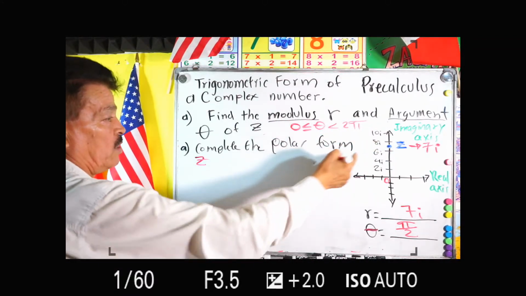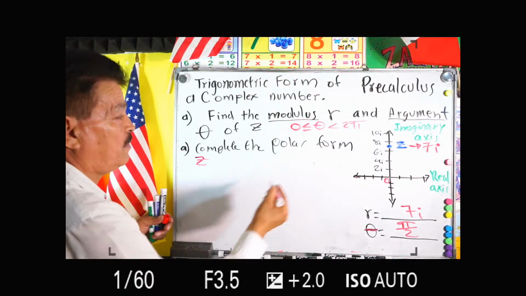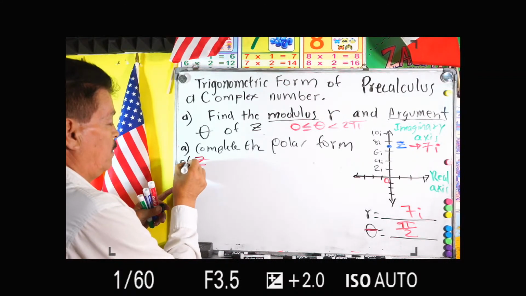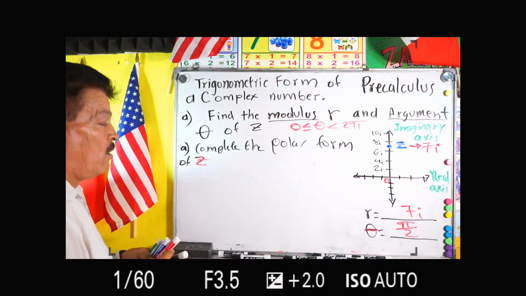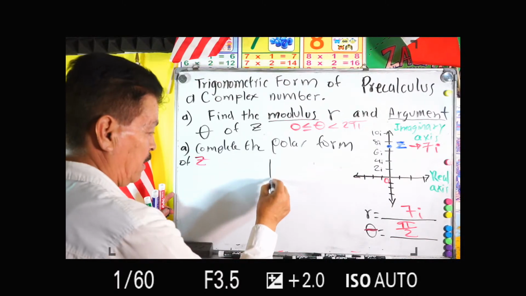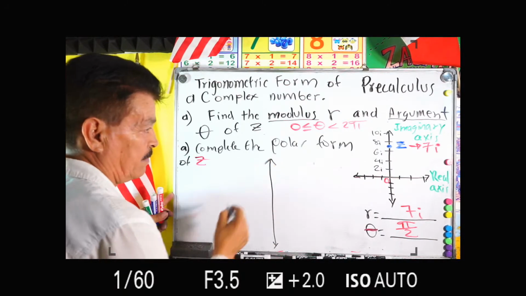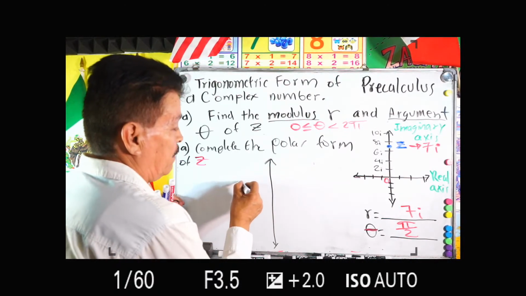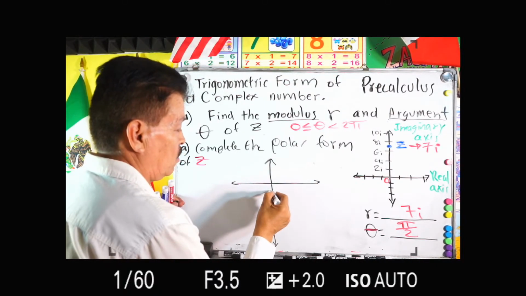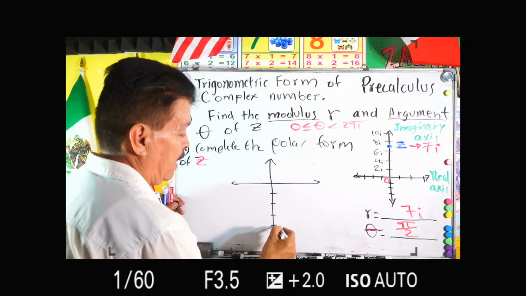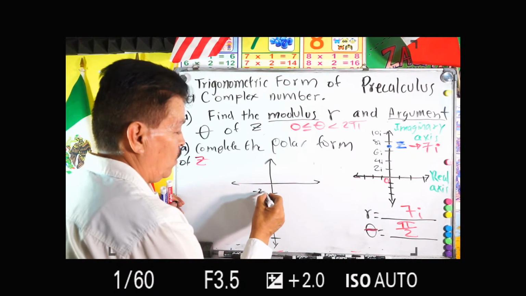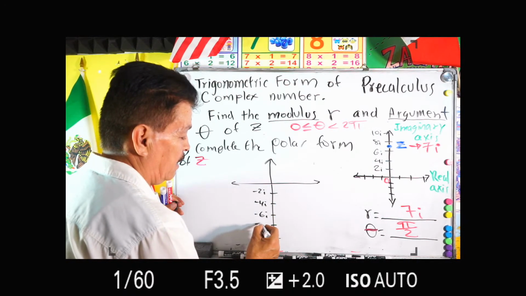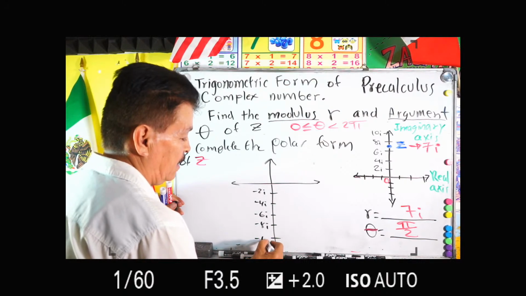We're talking about the polar form of Z. Let me make another graph right here to show you what I mean. We have my graph like this. So it's 2, 4, 6, 8, and 10. It's negative 2i, negative 4i, negative 6i, negative 8i, and then negative 10i.